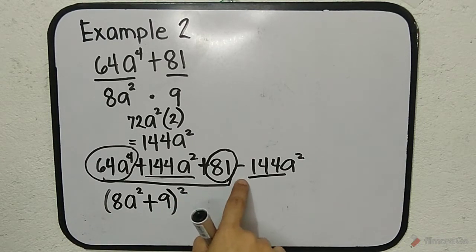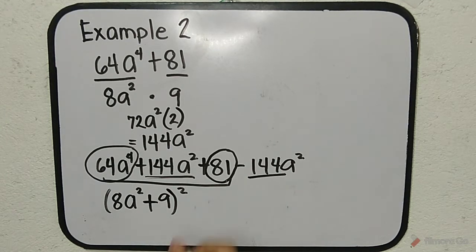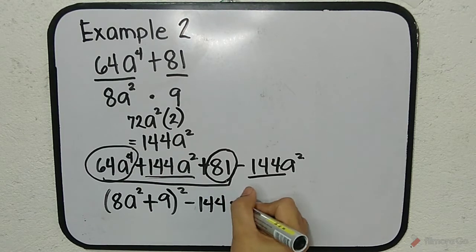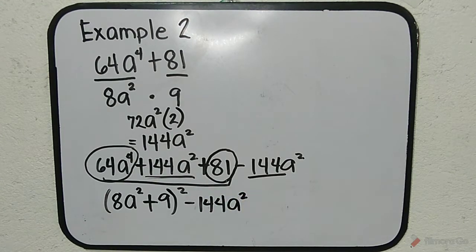Kopyahin na lang ulit natin ito. 144a squared minus 144a squared. So, class, ano ang factor ng negative 144a squared?